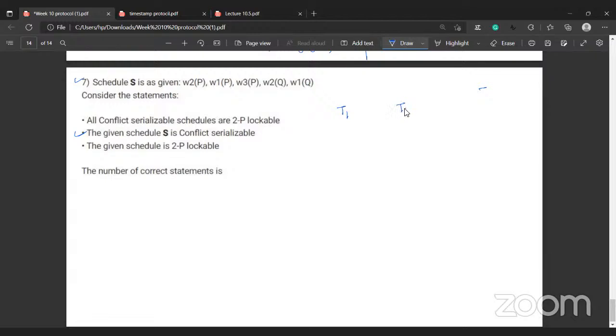T1, T2, and T3. So W2P, so we have to apply an exclusive lock, right? Exclusive lock XP. Then you have to write P, right?